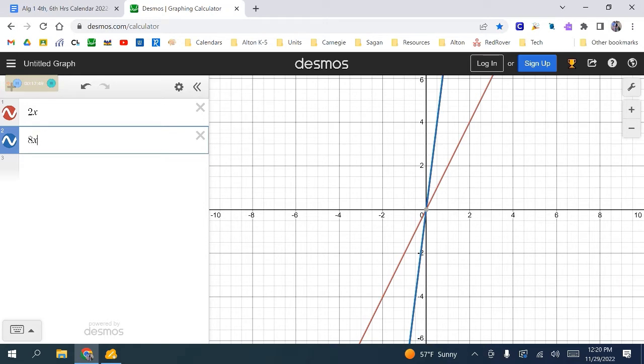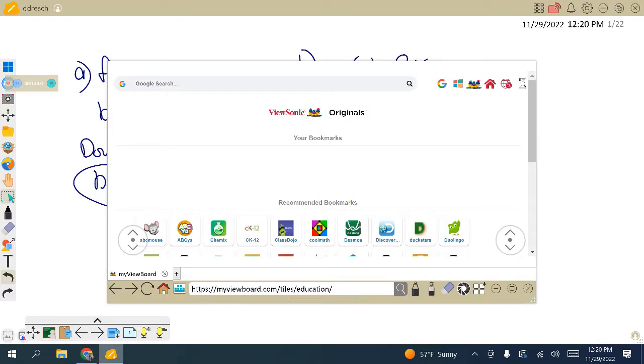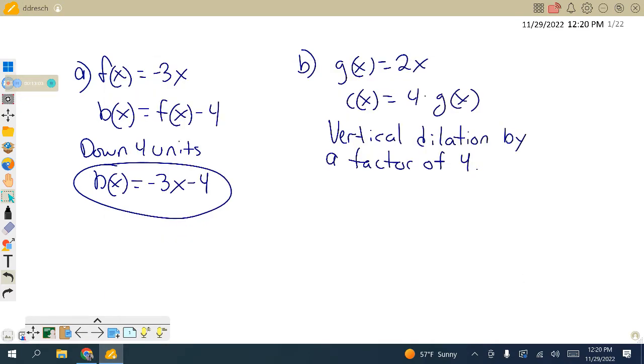Because it's that 4, it's going to stretch it out, make it more steep compared to the original. So the graph that we create then, because this never opened, is going to be right here, that 8x. We replace out that g of x right there, and our new equation is this here.